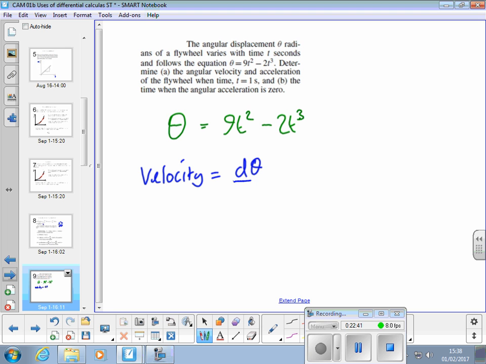Velocity equals, so we've got to differentiate 9t squared, which gives 18t, radians per second.